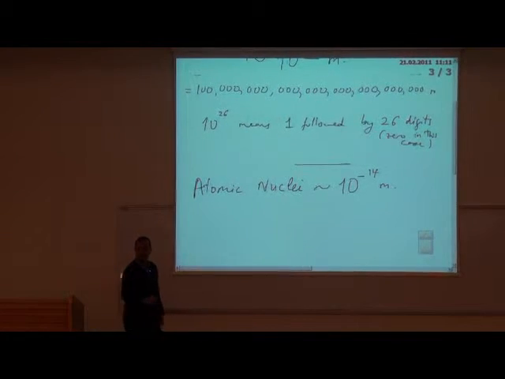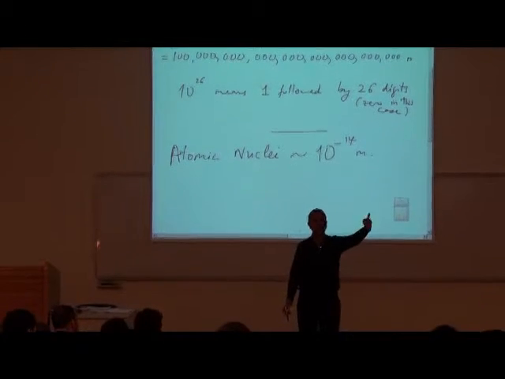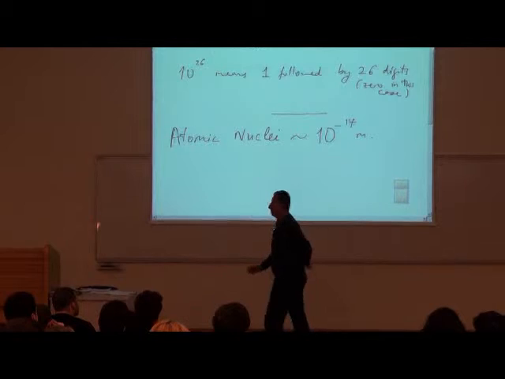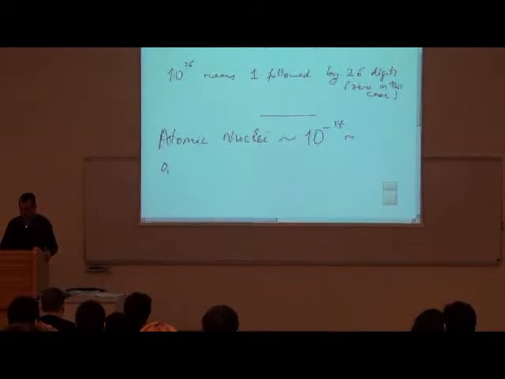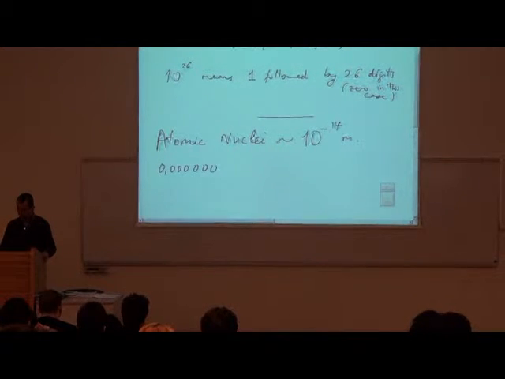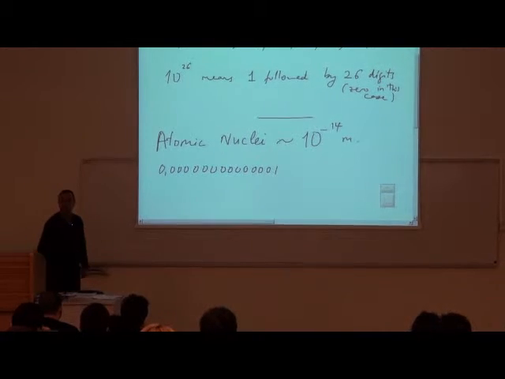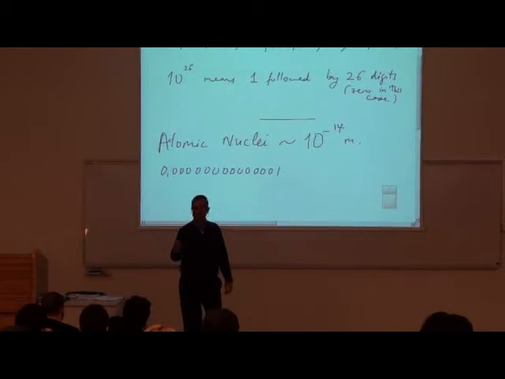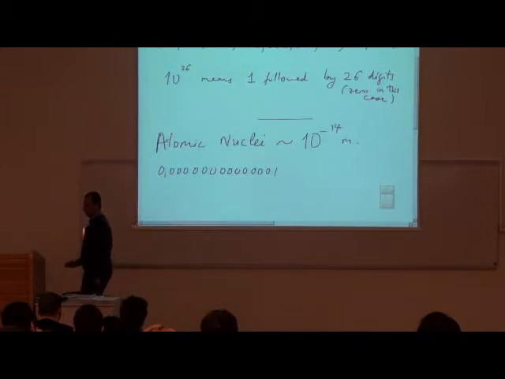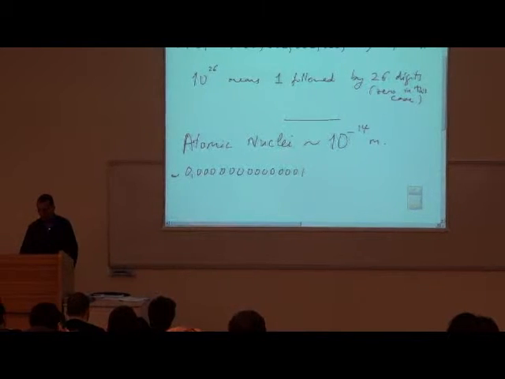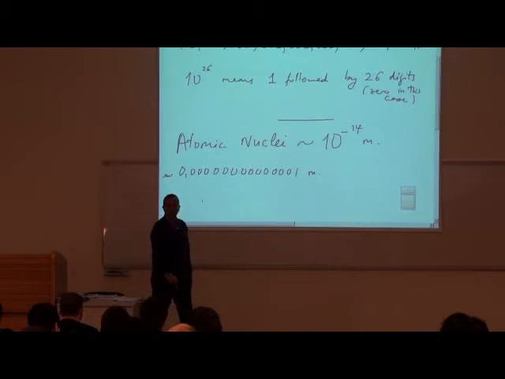Again, I am giving you an example of this notation with a little number on top. Let me now write down this small number. The size of the nucleus of an atom is 0 point, 13 zeros and then a 1. Of course, this only means something if I put the unit in meters. Okay.